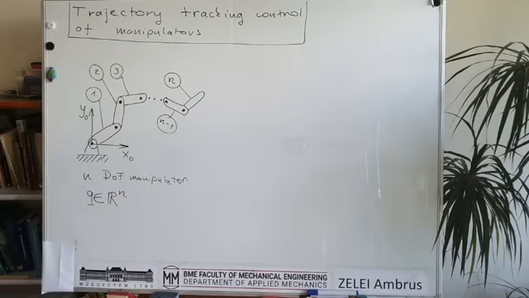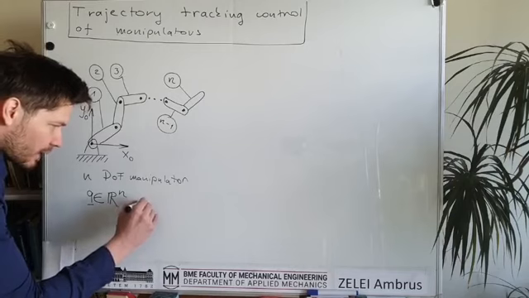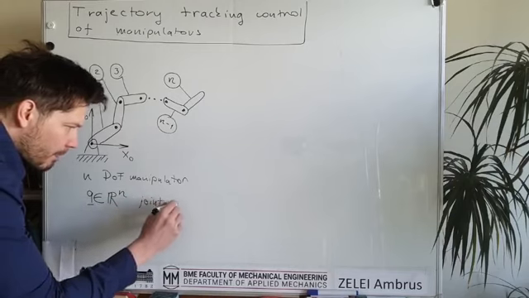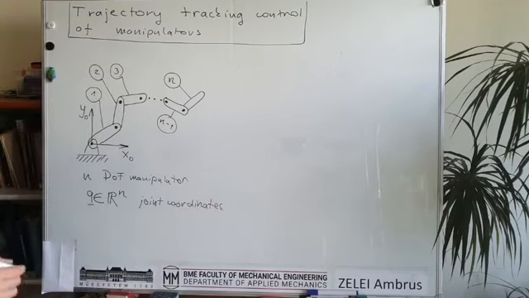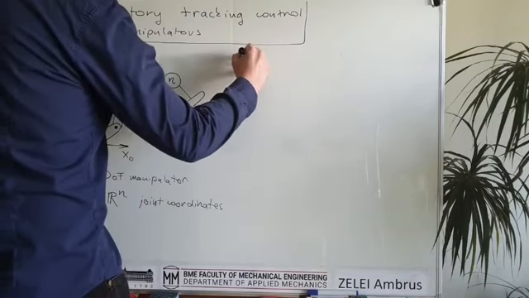So it's described in an n-dimensional space, and these are the joint coordinates. So this is what we have so far, and we have also some other things. So we have a so-called kinematic model.